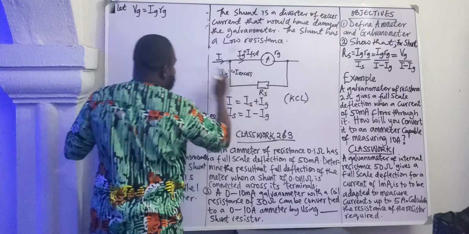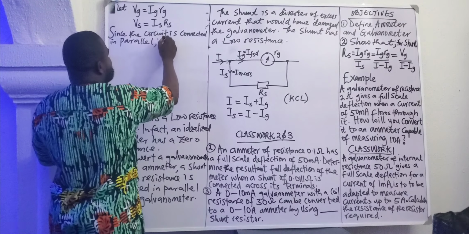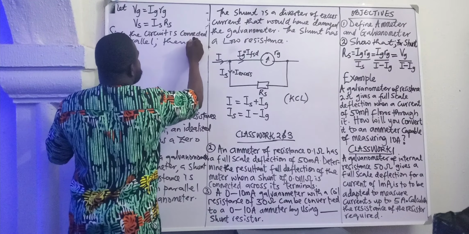So I say, since the circuit is connected in parallel, then the voltage drop across the shunt is equal to the voltage drop across the what?